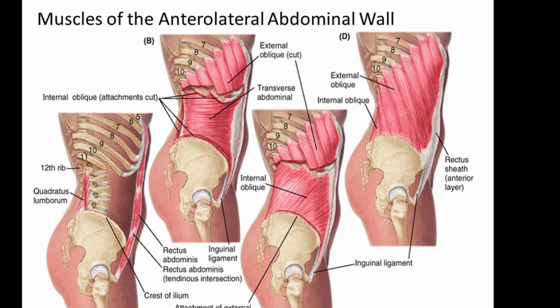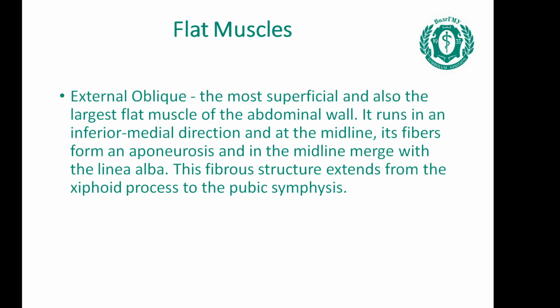Here you can see the flat muscles of the abdominal wall, layer by layer. The external oblique muscle is the most superficial and also the largest flat muscle of the abdominal wall.